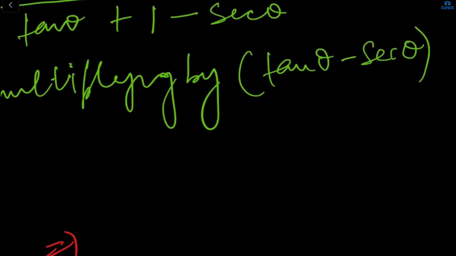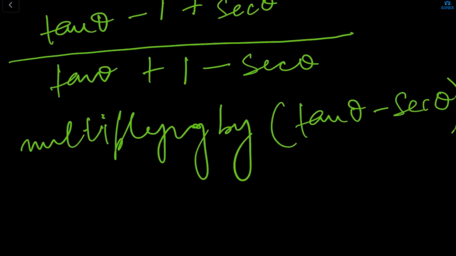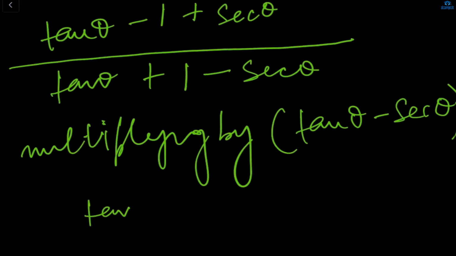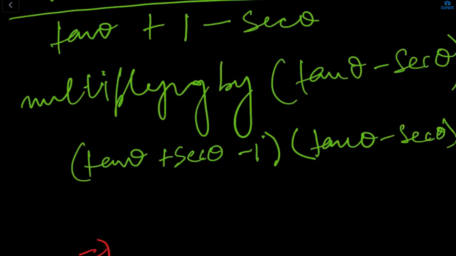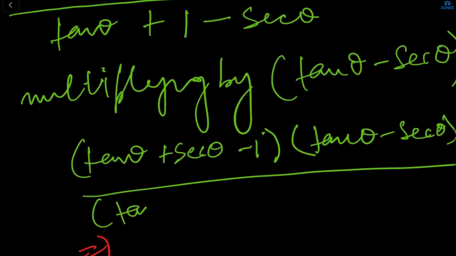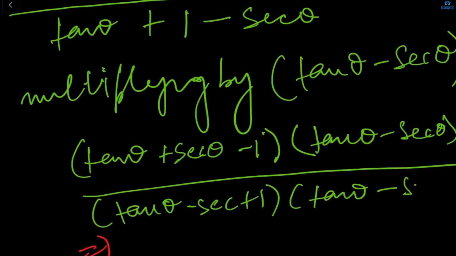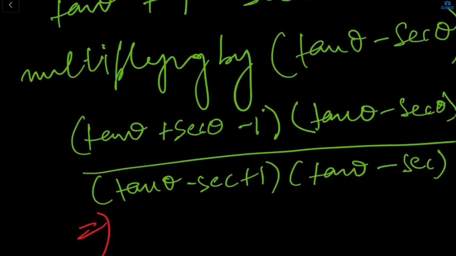Now I'm rearranging it. The tan theta term and sec theta I'm writing in one place: tan theta plus sec theta minus 1 in one bracket, multiplied with tan theta minus sec theta. In the denominator, it is tan theta minus sec theta plus 1, times tan theta minus sec theta. Why have I multiplied with tan theta minus sec theta?